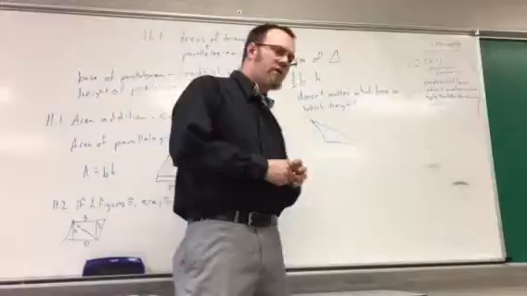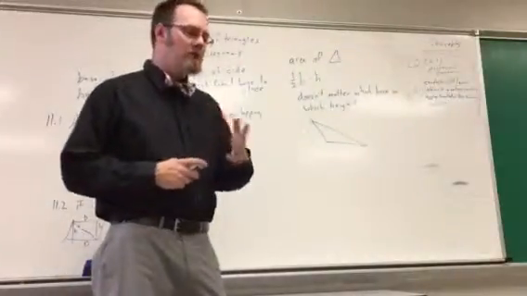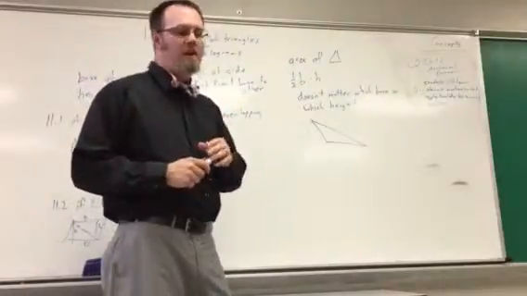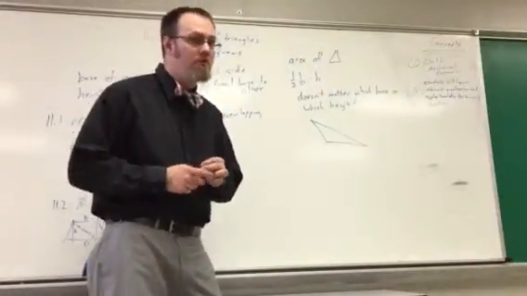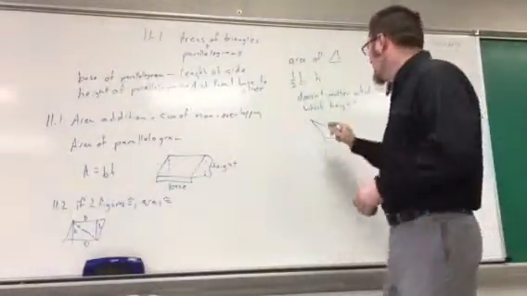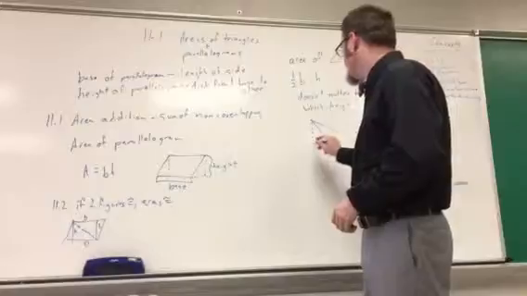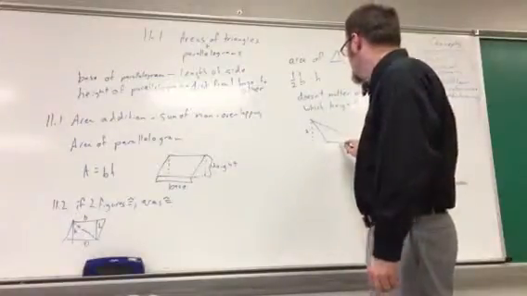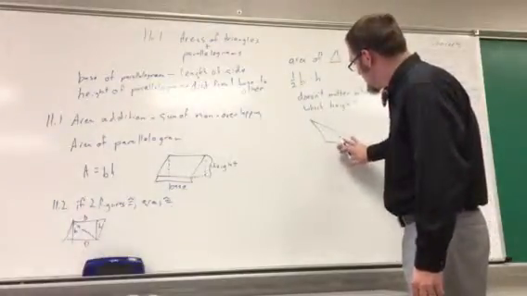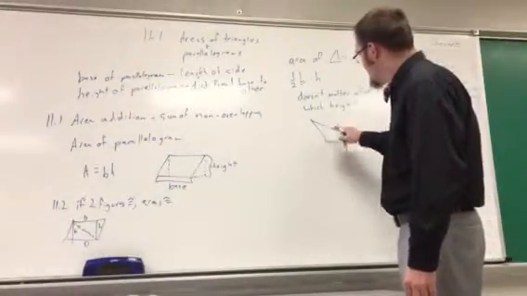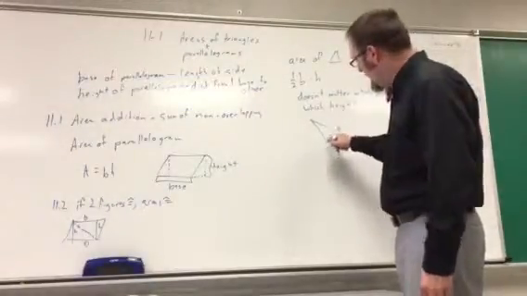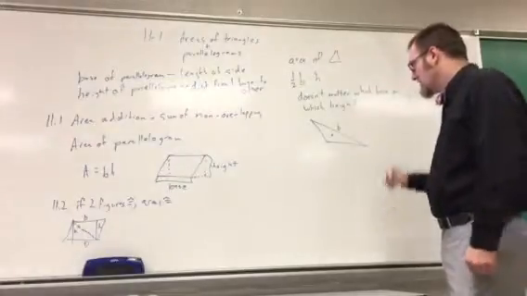I just wanted to put up here a quick note. Make sure you add this to your notes. It doesn't actually matter which base or which height it is. The area of the triangle should be the same no matter what. So on this one, it's kind of an odd-shaped triangle. But if I were to draw this height down here like this, I could use this as my height and this is my base. Or if I know what this side is and I have this altitude, I can use that altitude as a height and use this as my base.